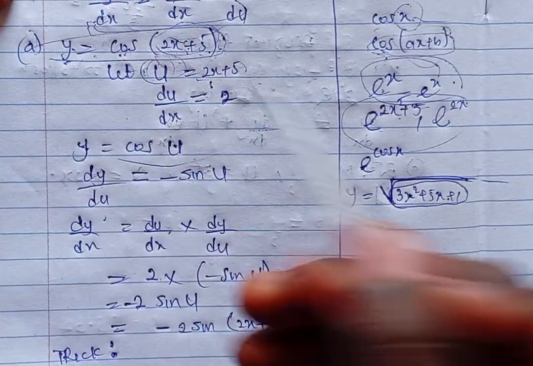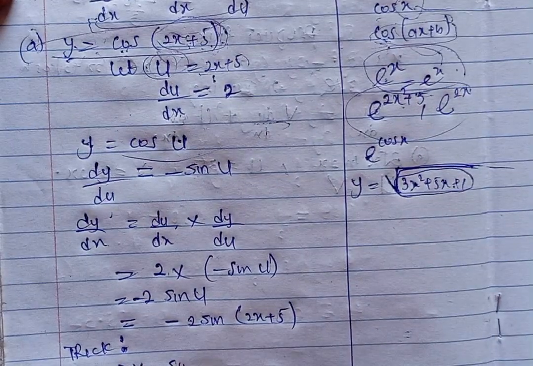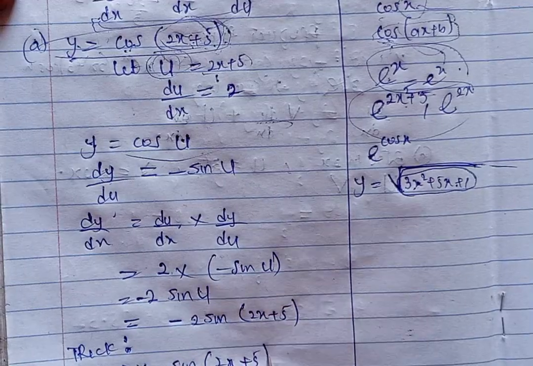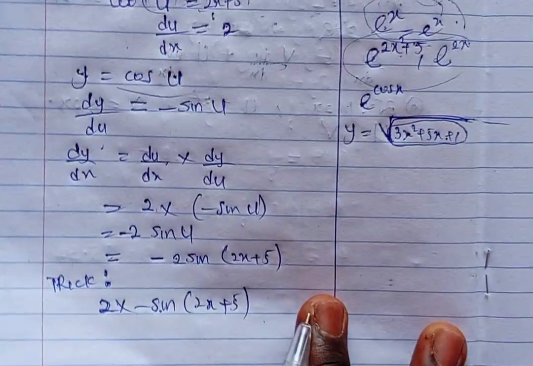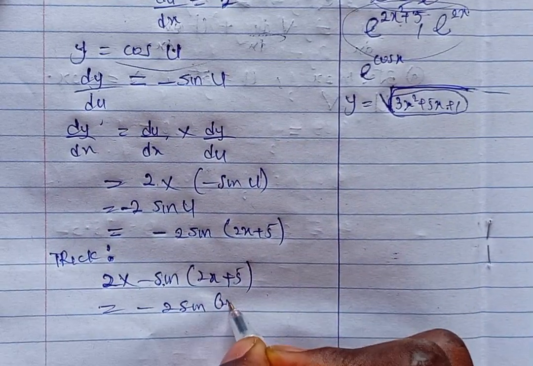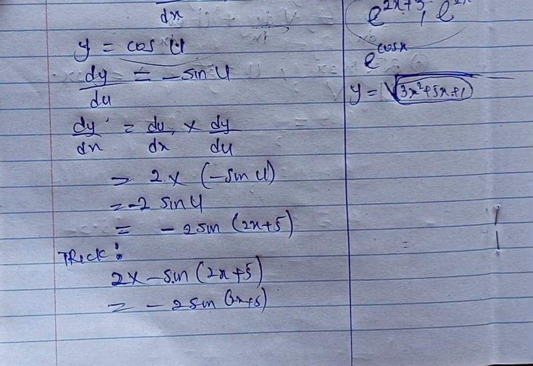Differentiate cos, you get minus sine, and put the inner one back inside the sine. Now do you understand? So you will get minus 2 sine(2x plus 5). So that's just how to do it.